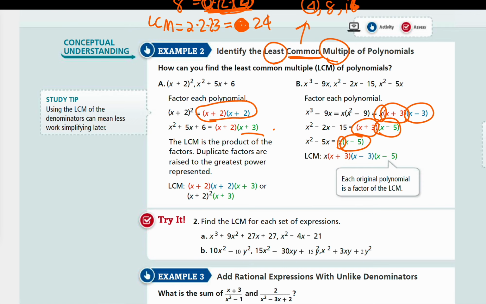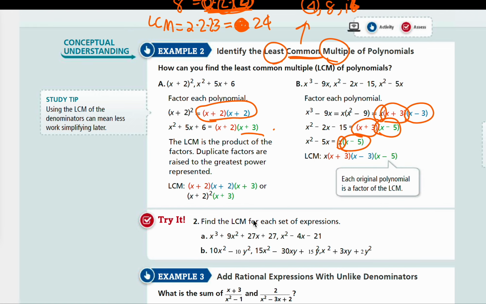Try number 2A, x cubed plus 9x squared plus 27x plus 27. You want to factor that out. You might try factoring by grouping first, but then you'll notice that this is 27 times x plus 1. If you factor this out, you have x squared times x plus 9, and you can't really do anything else.